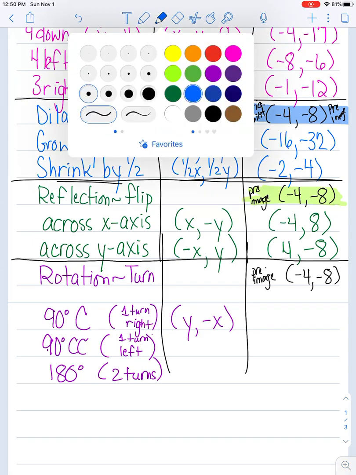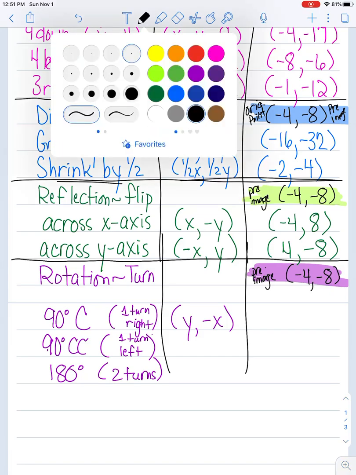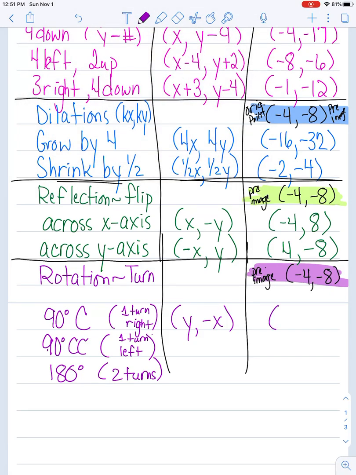That way we're not trying to figure out stuff. So let's rotate that point 90 degrees clockwise. So we flip the x and the y, okay? And then we change the sign of the second number. That's our new x and y, -8, 4. So that's a point rotated 90 degrees clockwise.